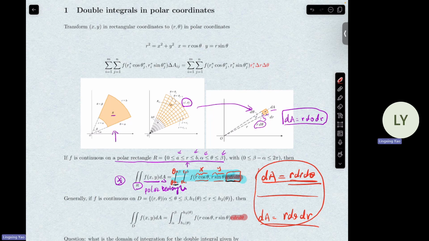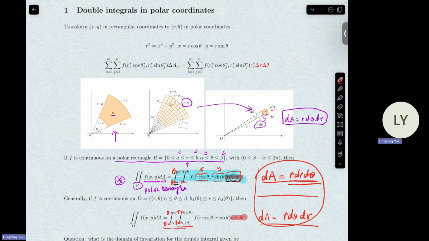And just like the general double integral in Cartesian coordinates, we could have, for example, this interior integral, which is for the integration variable r. We could allow this r to have a variable lower and upper limit, which depend on the value of the polar angle theta.